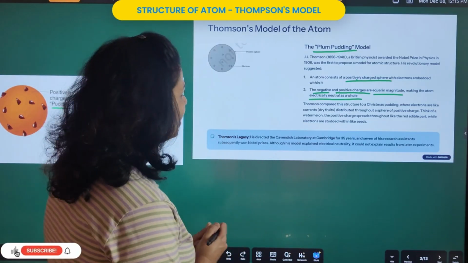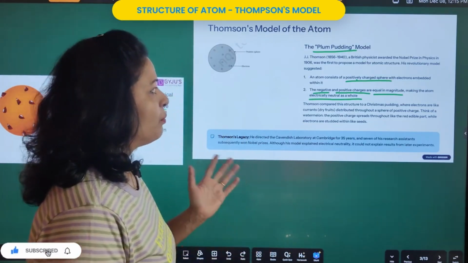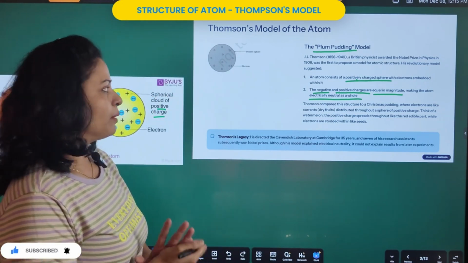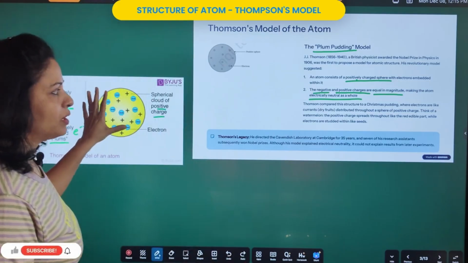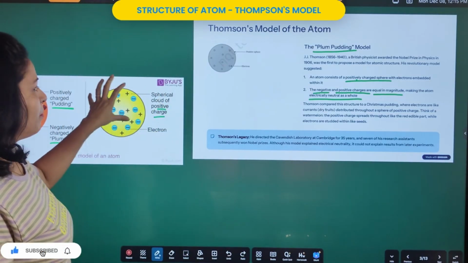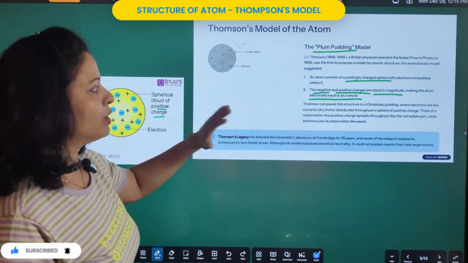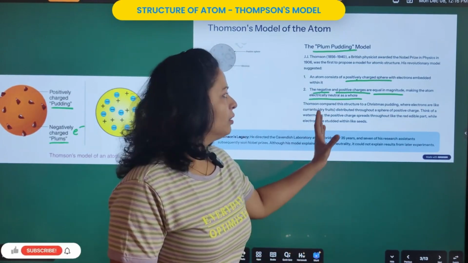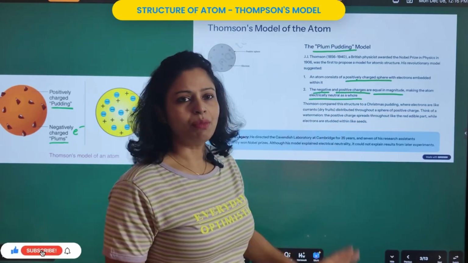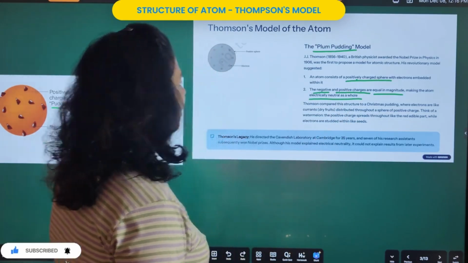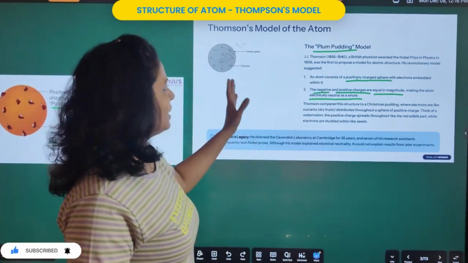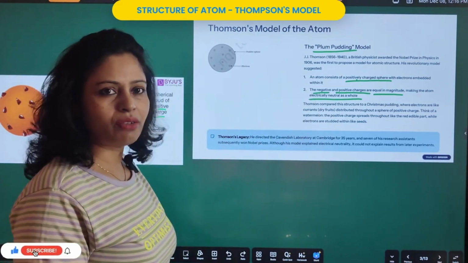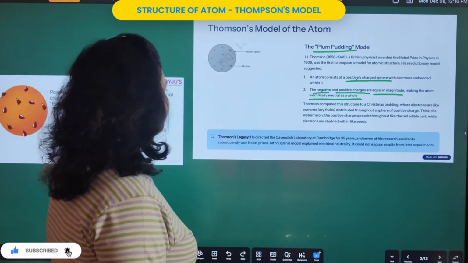These were the two major points Thomson gave in his plum pudding model: the atom consists of a positively charged sphere with electrons embedded within it, and the negative and positive charges are equal in magnitude, making the atom electrically neutral. You can take this as notes for your exam preparation. You can pause the video and write this down.